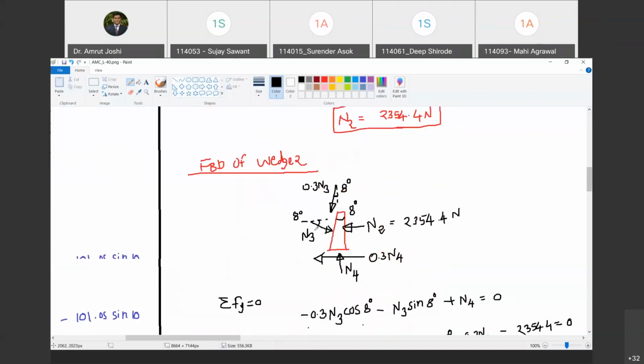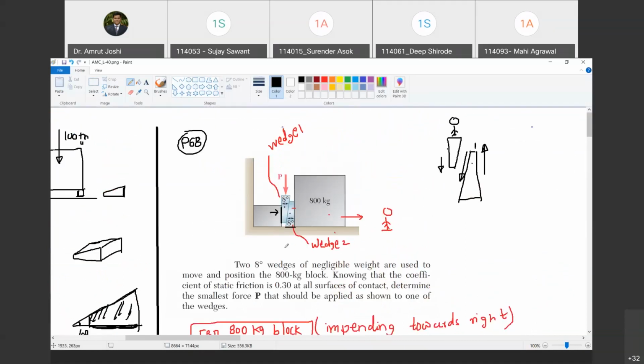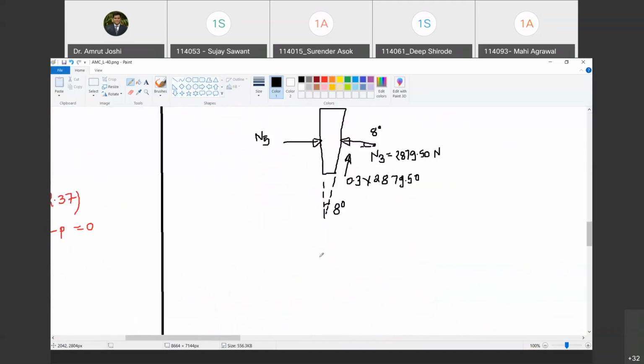Yes, sir. So that I am going to call N5. N5 is horizontal. Are you with me? Yes, sir. And as this block moves down, this surface is going to offer an opposite frictional reaction, and that's why it is going to be in this direction. And how much will it be?